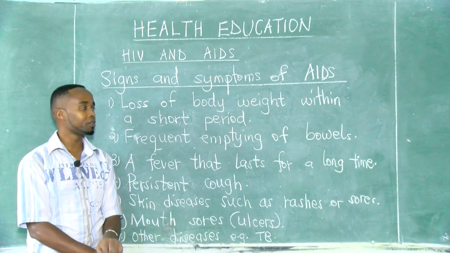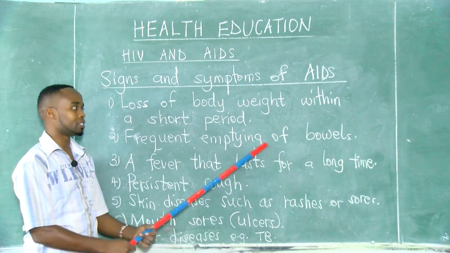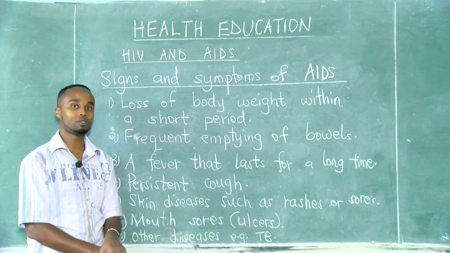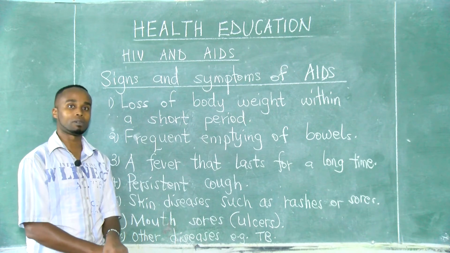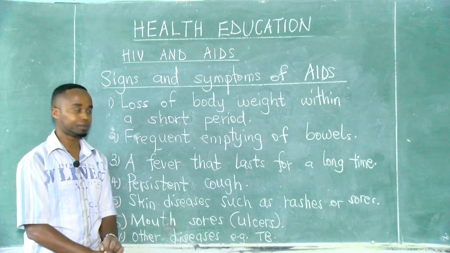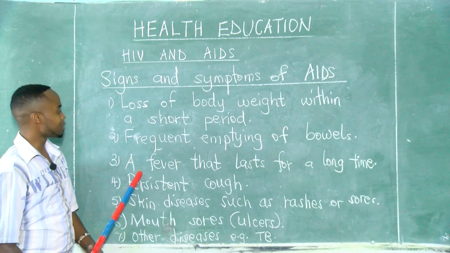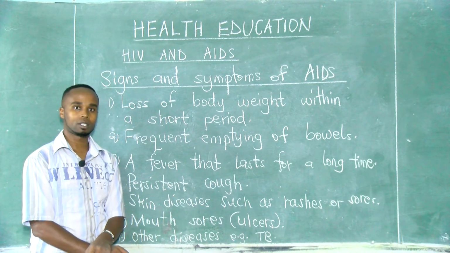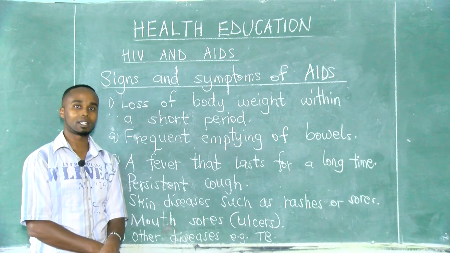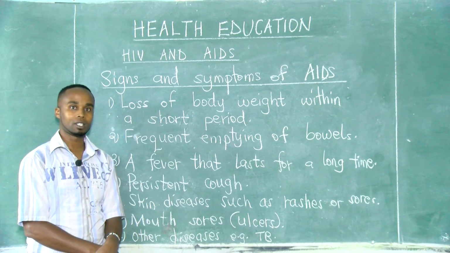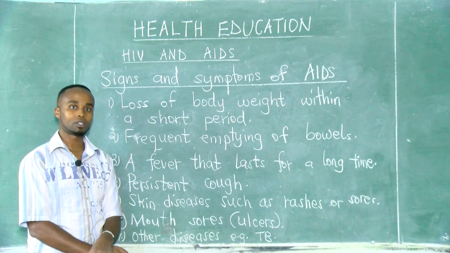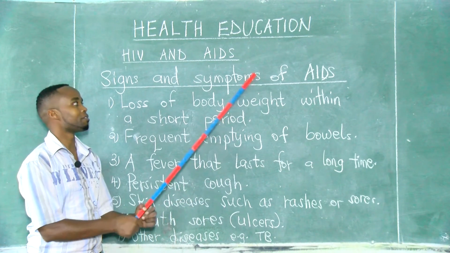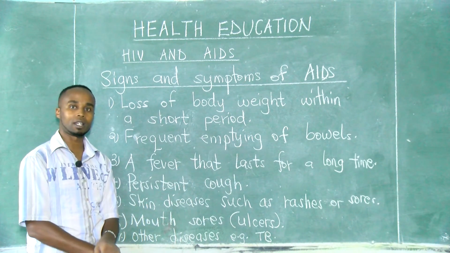So that frequent emptying of bowels is another sign and symptom of a person who is suffering from HIV and AIDS. Another one is a fever that lasts for a long time. Yes, you know that fever is that high temperature. So if you see a person who has that, maybe it's a sign of having HIV and AIDS.